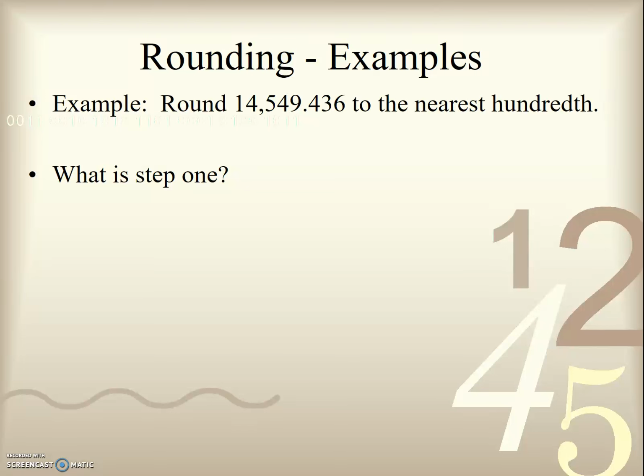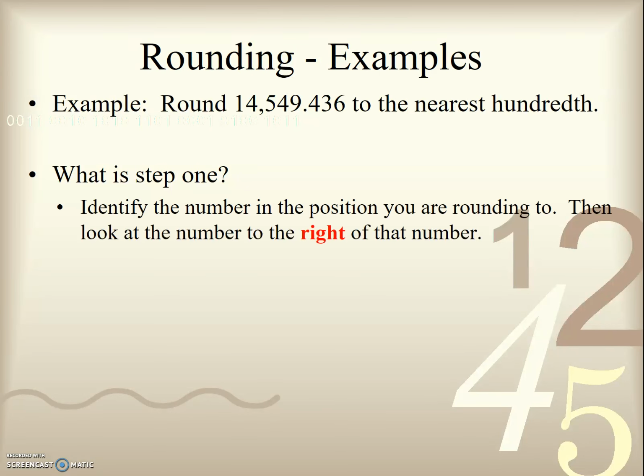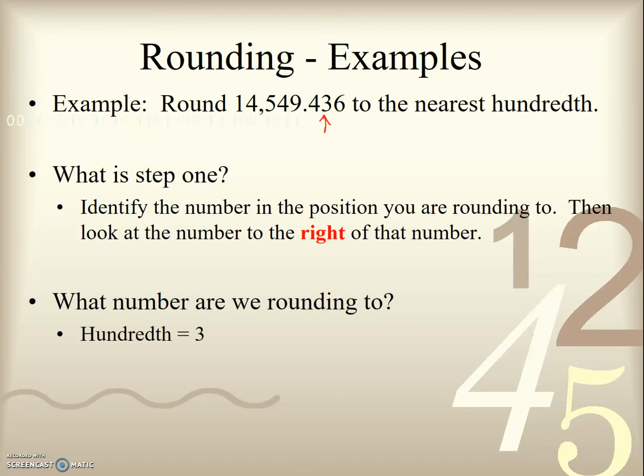So if we want to round to the nearest hundredth, what digit is in that place? Yeah, it's a 3. So we're looking at this guy right there. Now we want to look at the number to the right of that number. What digit is to the right of the hundredths place? It's a 6. Okay.